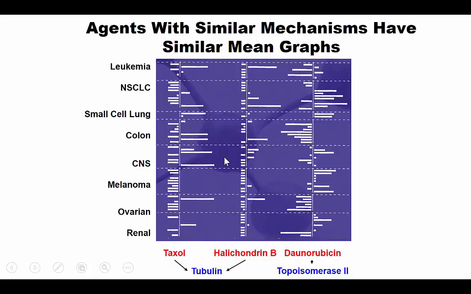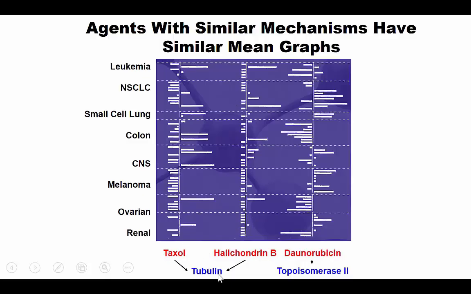By using this kind of pattern analysis, if they have a similar pattern, even though the concentration can be different, but the relative sensitivity to this compound among those cancer cell lines is similar, then even though this compound is new, if the database has enough of this kind of pattern, by doing pattern analysis we can figure out that this compound may have a similar mechanism to Taxol.